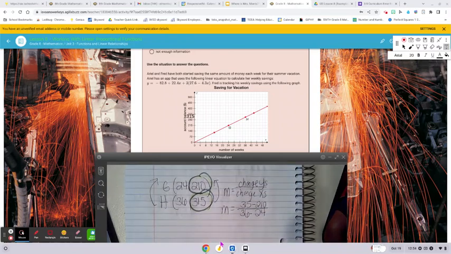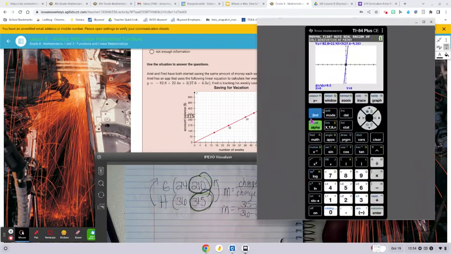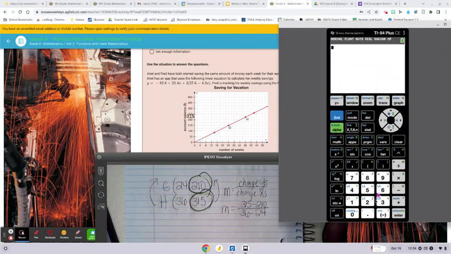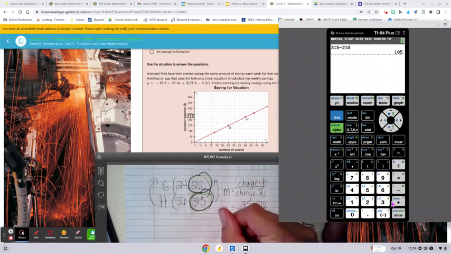Okay, let's go to our calculator. And let's quit out of there so we can just use the calculator. 315 minus 210. All right, that numerator is 105.